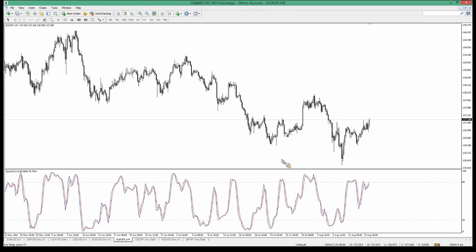However, the reverse divergence is slightly different. What we're looking for here, instead of price making either a higher high or a higher low, so in the case of price making a higher high like that, price is making a higher high, but the indicator doesn't follow suit.